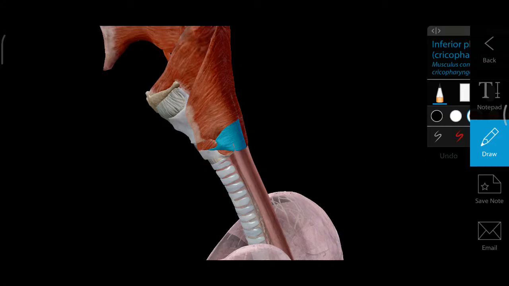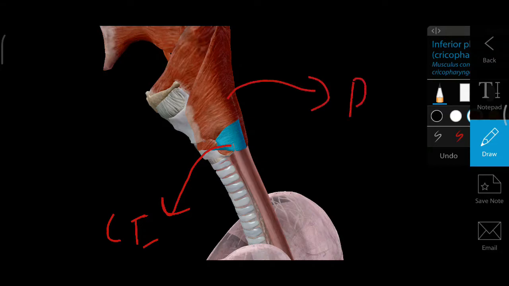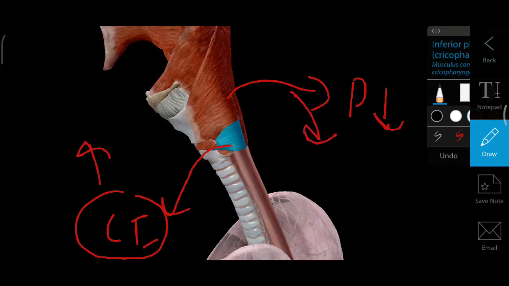So this muscle is closing the inlet and these muscles are pushing the food downwards. For food to pass, this muscle should relax during deglutition, and the other muscle should push the food downwards. When this muscle relaxes, the inlet opens, and the food goes downward.